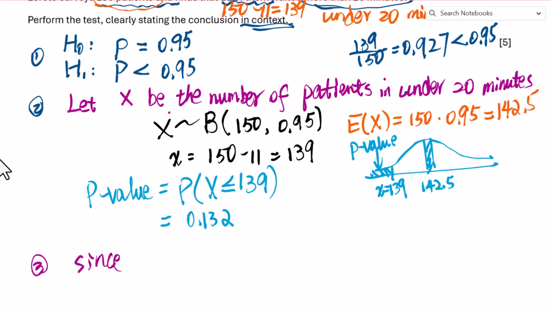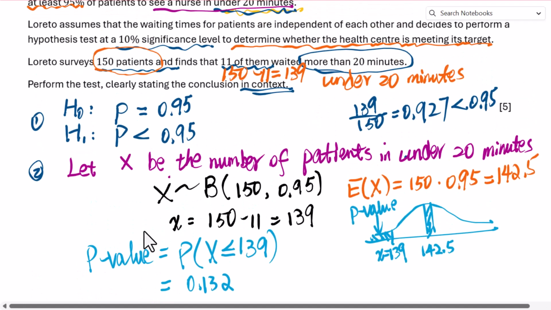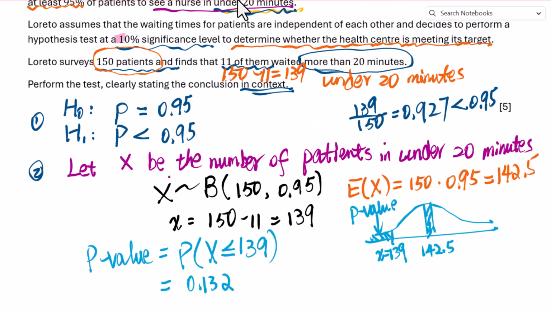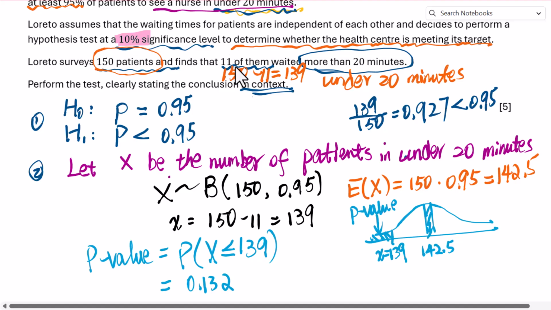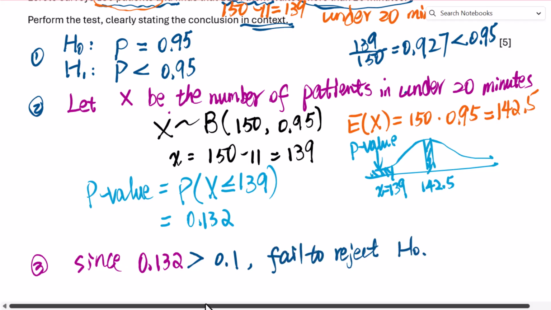Since the p-value 0.132, let's check the significance level, 0.1. 0.132 is greater than 0.1. Fail to reject H0. Let's check which one is the claim.